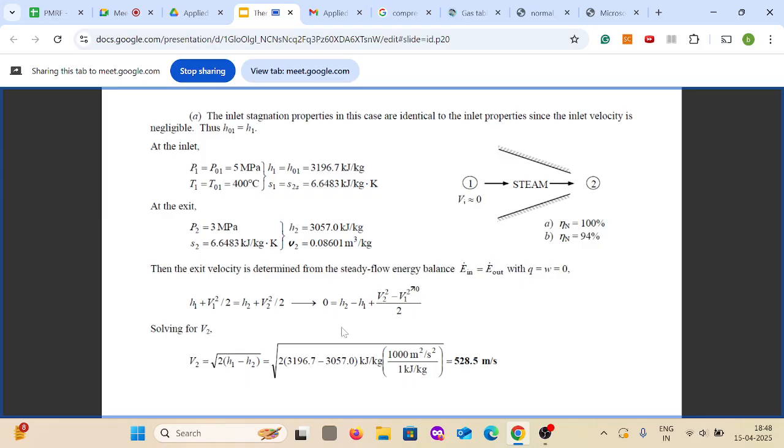So we can write V2 as root of 2 into H1 minus H2. Substituting the enthalpy values, 2 into 3196.7 kilojoule per kg minus 3057 kilojoule per kg, into 1000 to make it into joules, it comes out to be 528.5 meters per second.